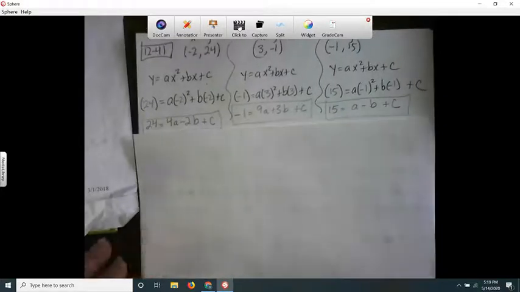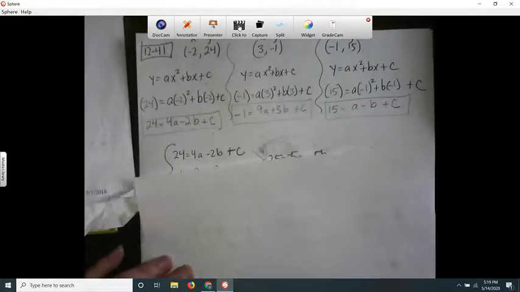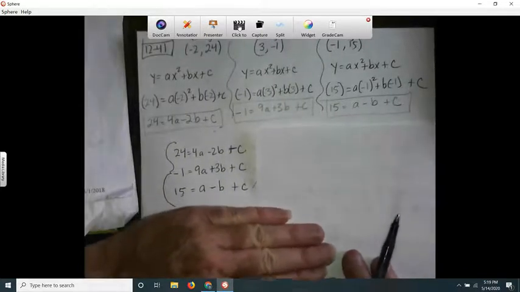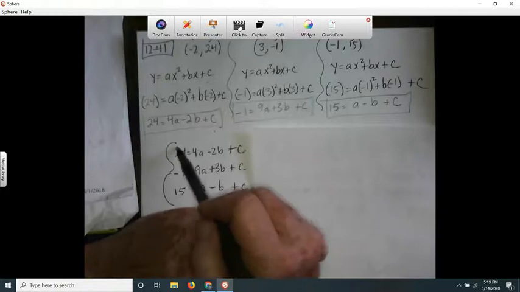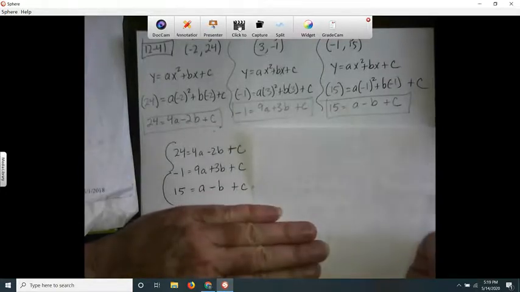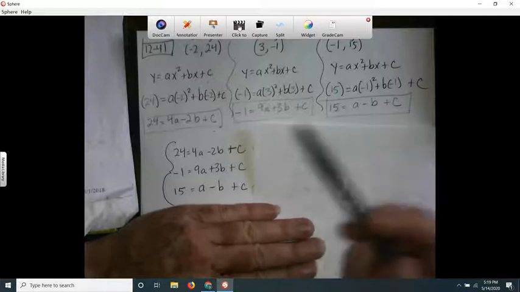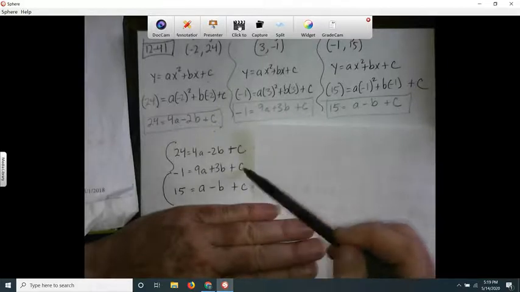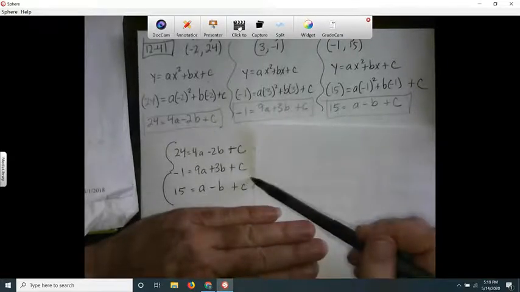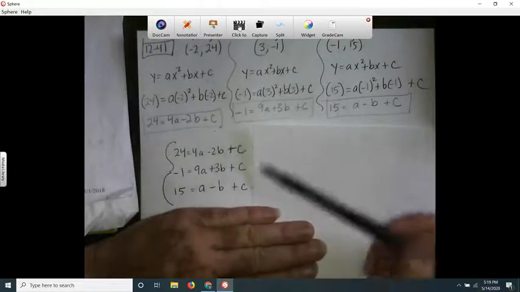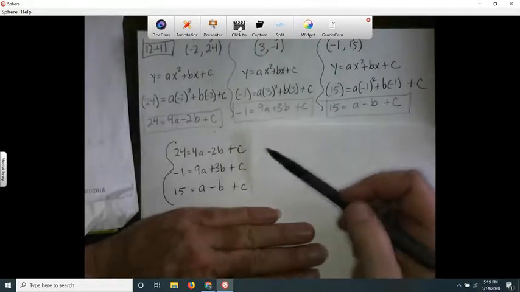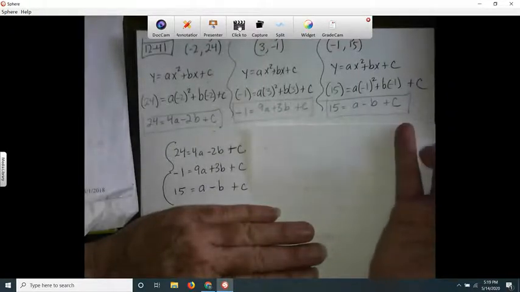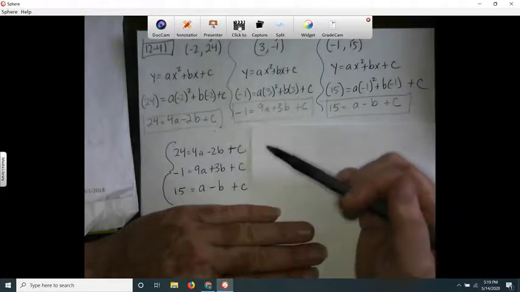So here we go. My favorite way to do a system of 3 equations and 3 unknowns is to write down the 3 equations with one of these curly brackets, because that's how you will usually see them, and stack them on top of each other: equation 1, equation 2, and equation 3. You can do elimination, substitution, or equal values, but I always do elimination, and I always do it the same way if I can.